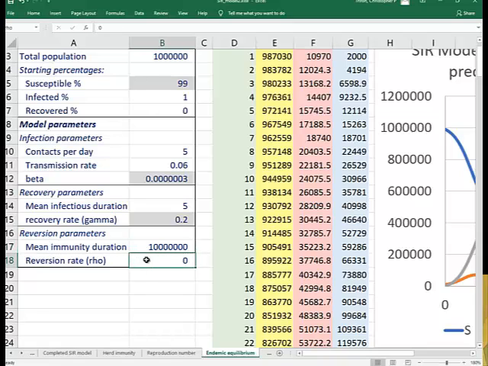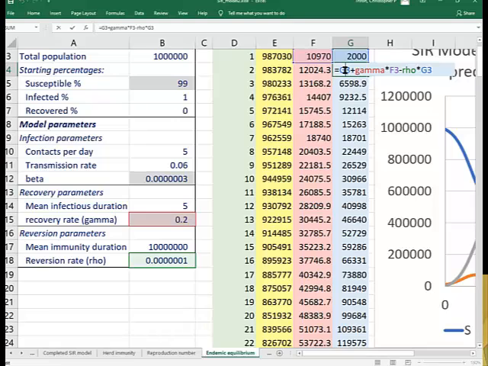Now the reversion rate is just going to be 1 over this value. Okay, so here I'm going to put equals 1 over this here. And the reversion rate I've called rho. You can see the value is rho. And I've included rho in my model.